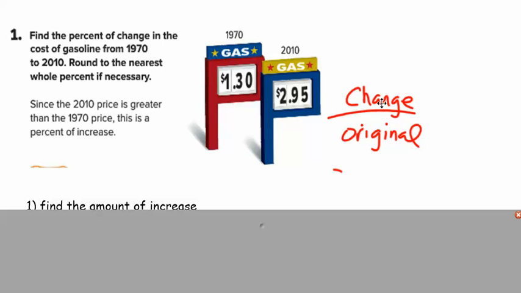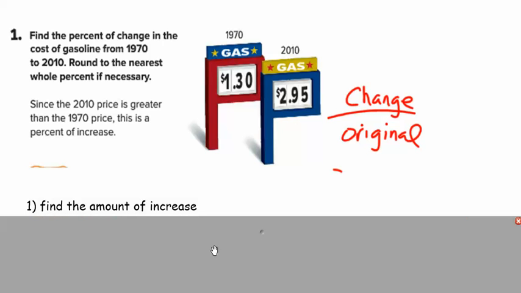Let's do some examples. Find the percent of change in the cost of gasoline from 1970 to 2010. Round to the nearest whole percent if need be. Remember, it's your change in the price over the original. Write down this example. My original cost was $1.30, so that's going to be on the bottom.